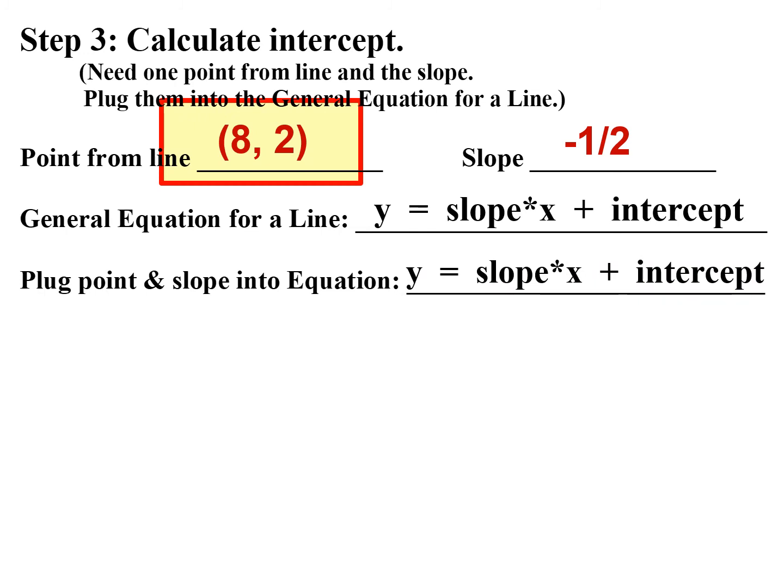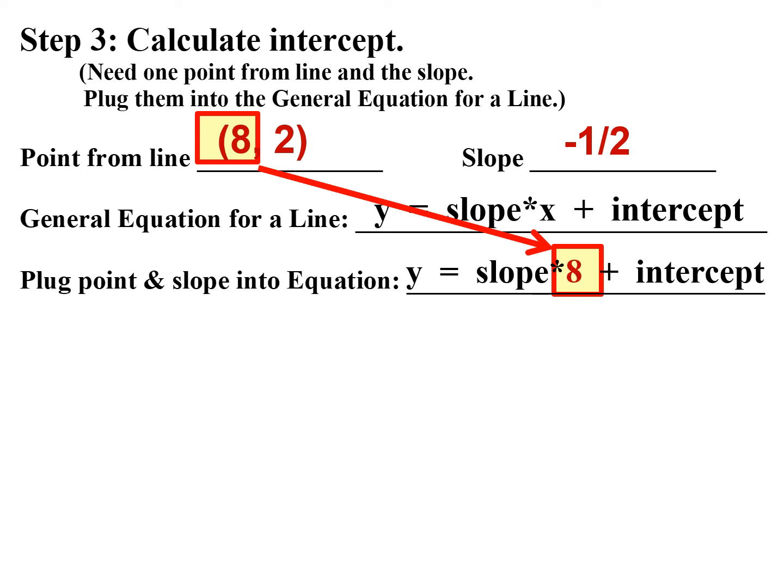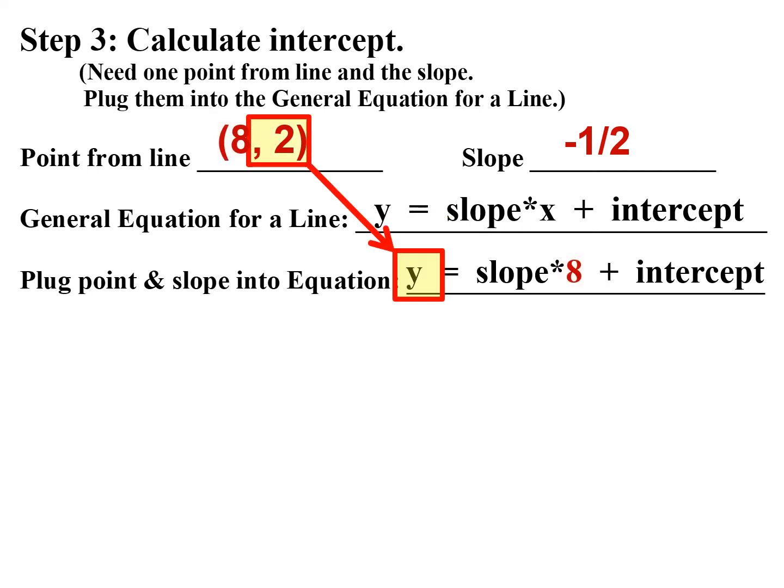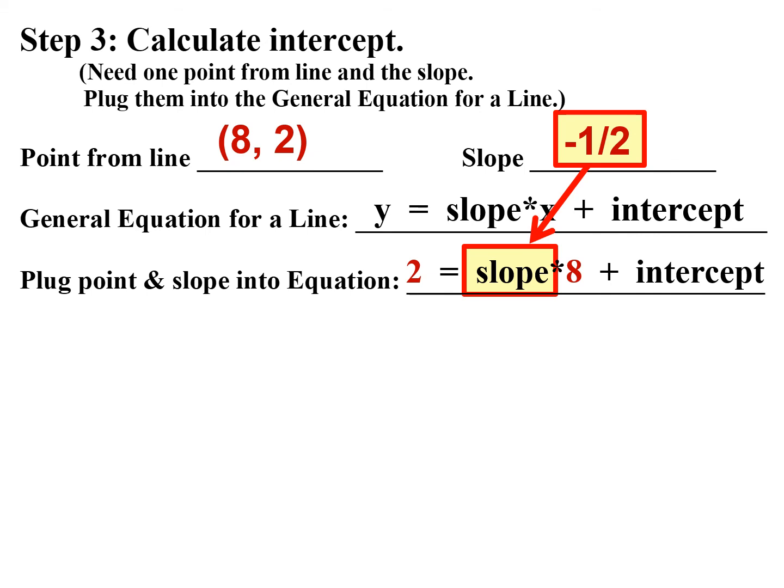Now let's go through the same calculations using the point 8, 2. Our value for x for this point is 8, so we can substitute that in. Our value for y for this point is 2, so we can substitute 2 for y. And our slope remains negative 1/2, so let's go ahead and substitute that in here.